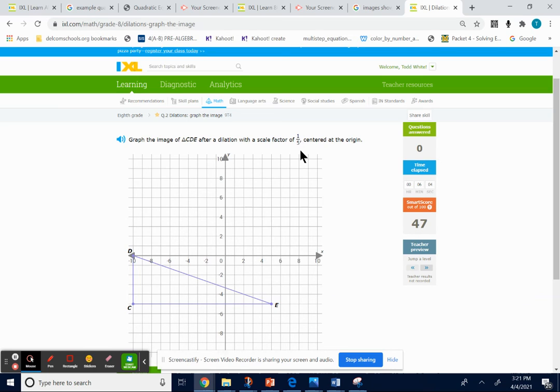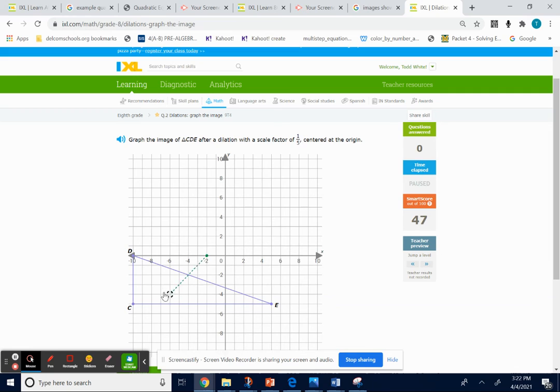But if you want to take my shortcut, just divide every coordinate by 5 instead. So this right here is point (-10, 0). If I divide -10 and 0 both by 5, I get (-2, 0).